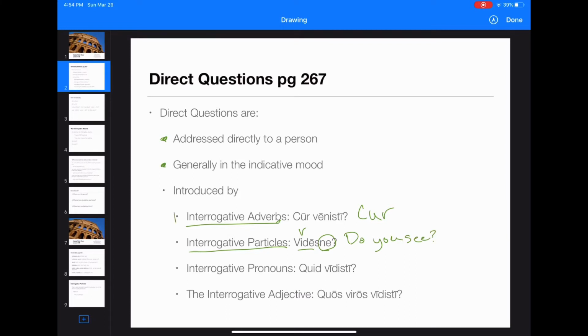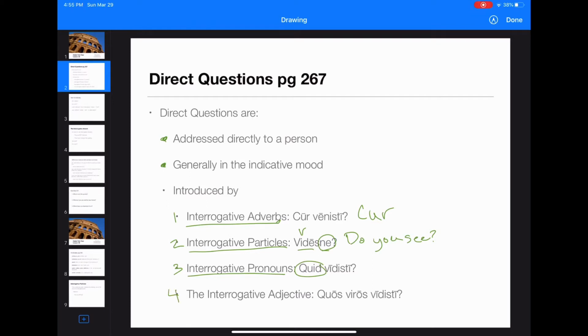The third way is with an interrogative pronoun. So this quid is an interrogative pronoun that can mean who or what, and it is declined. We'll talk about it in a minute, but it is declined for you in the grammar book so that you can figure out how to use it properly.